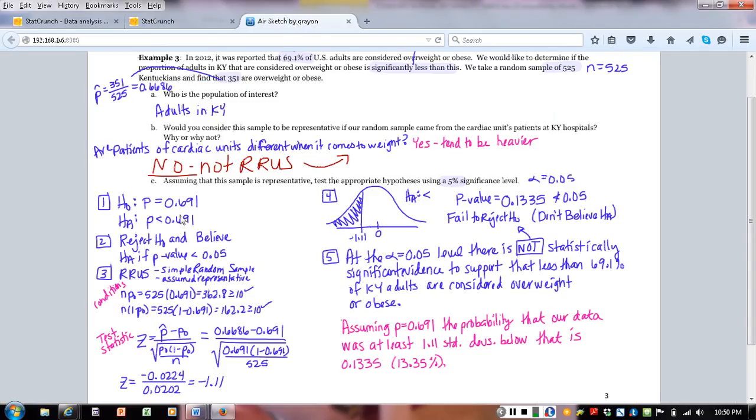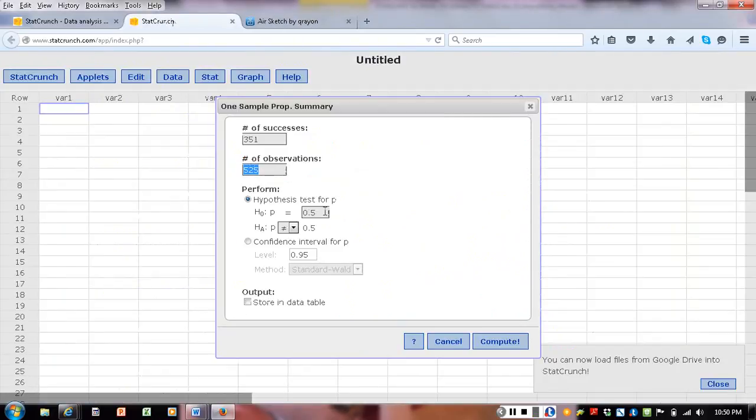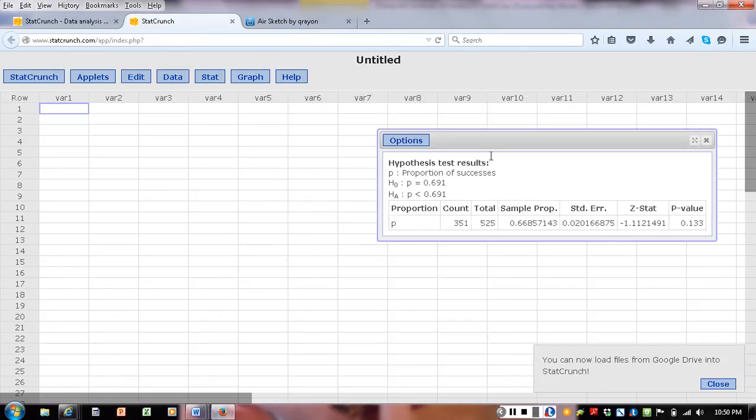Then we need our number in the null hypothesis, 0.691, and our alternative sign, which was a less than. Notice how it automatically changes that number. Like I said, it's always the same number in both. We had the less than sign, so I hit compute.